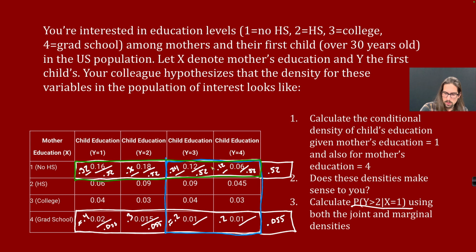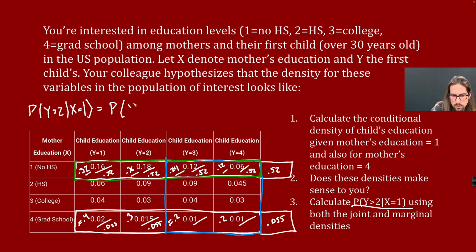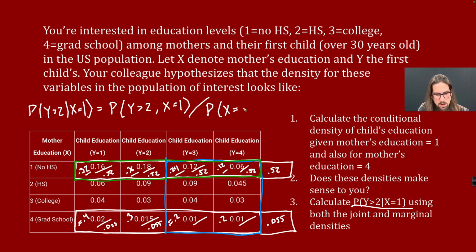What I mean by that is, let's remember from the last lecture, we defined this kind of conditional probability as equal to the joint probability divided by this marginal probability. Okay, so if we're going to calculate this number from the joint distribution, we need to calculate this probability, and then calculate the marginal and divide the two.